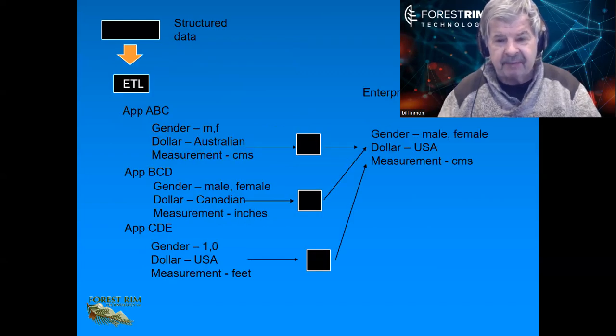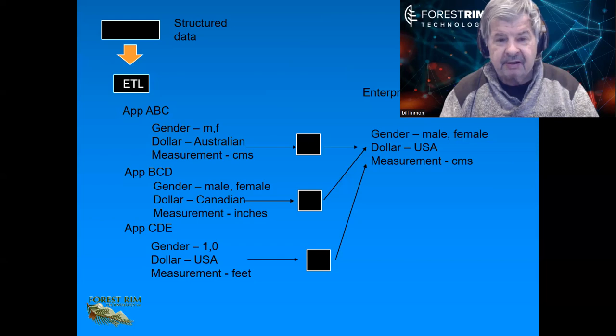As an example of what we mean by the transformation of application data to enterprise data, here we have three structured applications. In these applications, we have gender, dollar, and measurement. In one case, gender is M and F. Another case, gender is male and female. Another case, gender is 1 and 0.